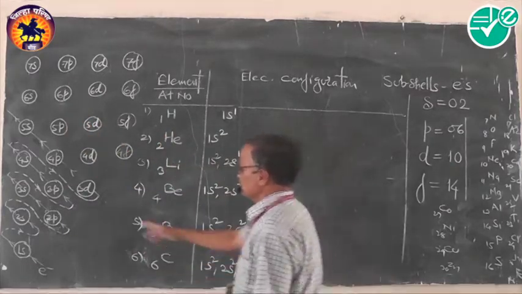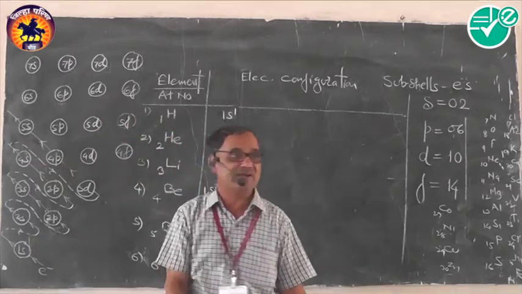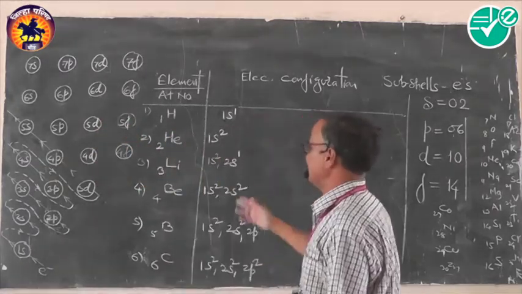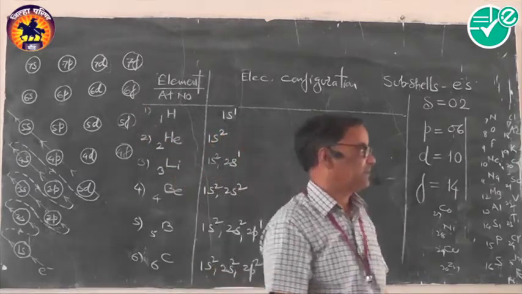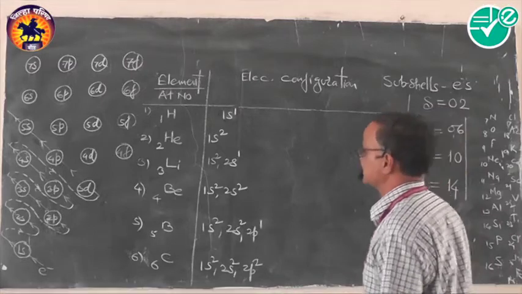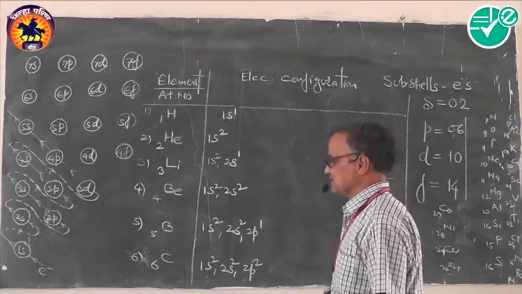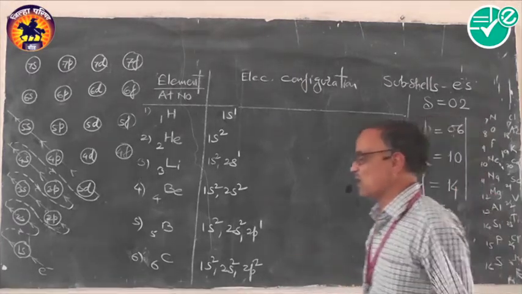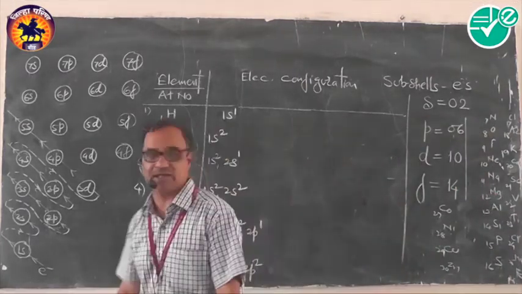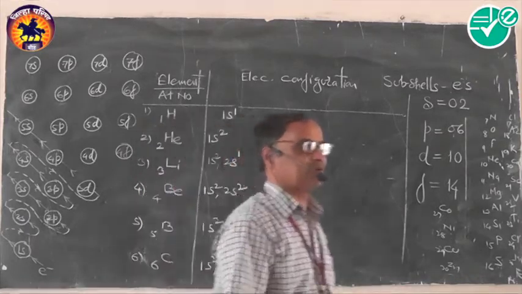Similarly, 3d, 4d, 5d, 6d and 7d. And lastly, 4f, 5f, 6f and 7f. These are the s, p, d and f sub-energy levels in the Aufbau principle, which are used to determine the electronic configuration of elements in the periodic table.